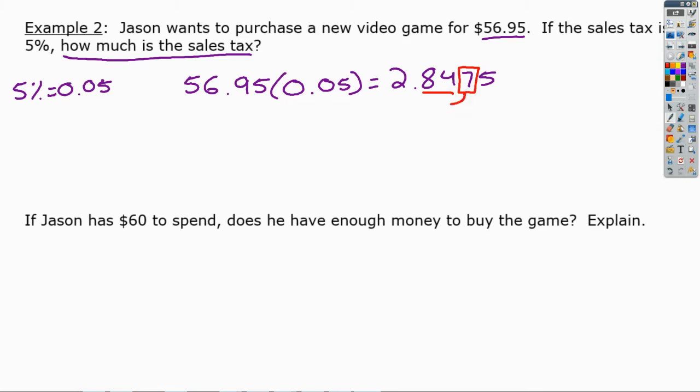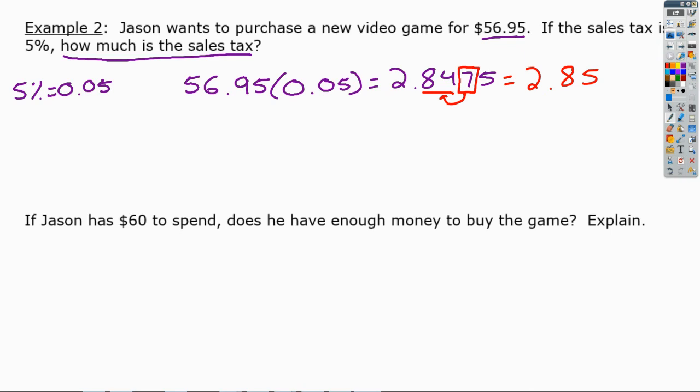That 7 tells us to round 84 up to 85. So we're going to turn this into $2.85. So it's important that we're familiar with rounding. If we want to round the hundredth spot, you must look at the thousandths to tell you if you should round up or down. Now that we know what the tax will be, we can answer our next question.